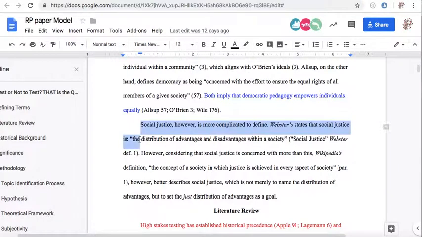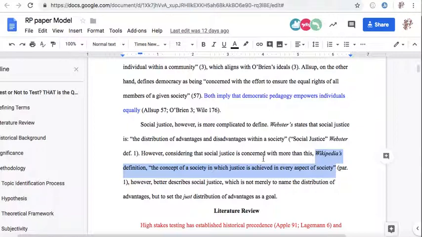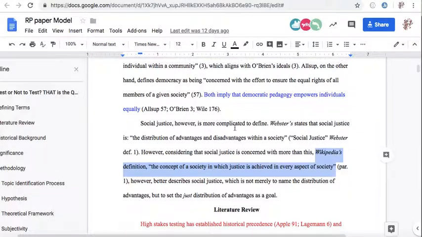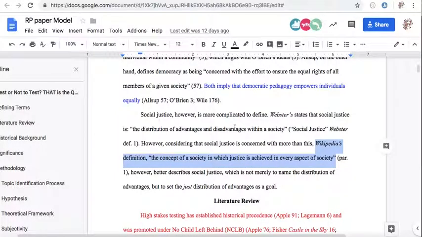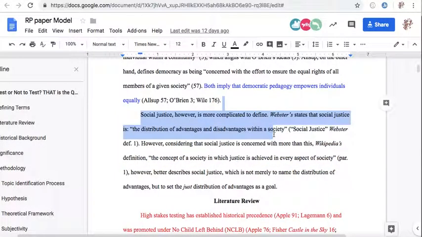But then I also looked at Webster's and Wikipedia when I went to look at social justice. The reason I could hit Wikipedia is that I've already shown I did my homework. This is what Webster's did. It's not good enough.